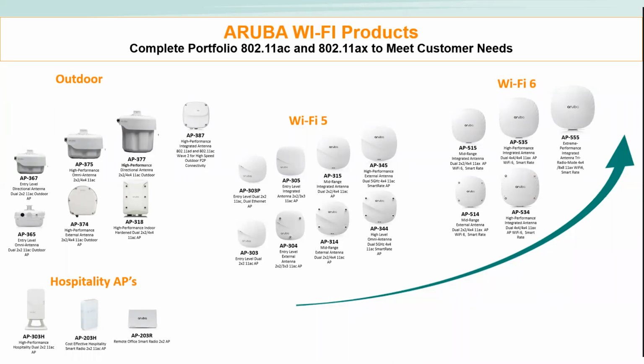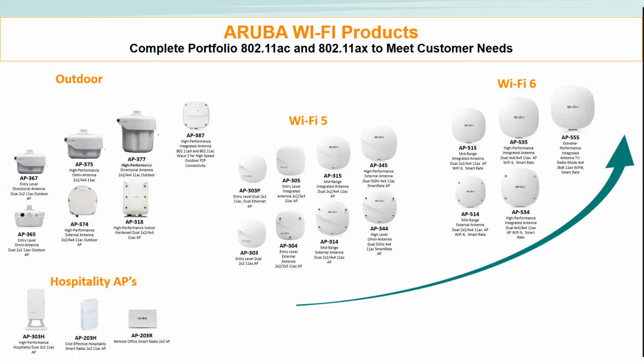Now the 305, 315, and 345 are entry, mid, and high level in terms of densities. The 304, 314, and 344 are their external antenna counterparts. And then we move into the Wi-Fi 6: AP 515, AP 535, and AP 555 are mid-range, high performance, and then really extreme high performance, extreme high density in the 8x8 on that AP 555.